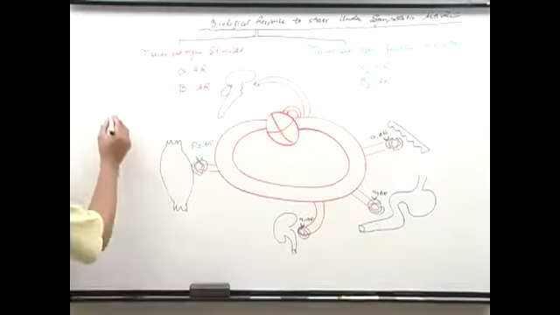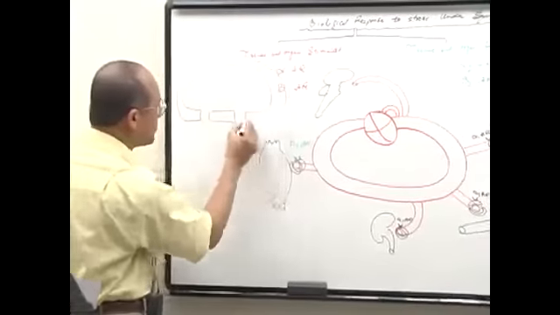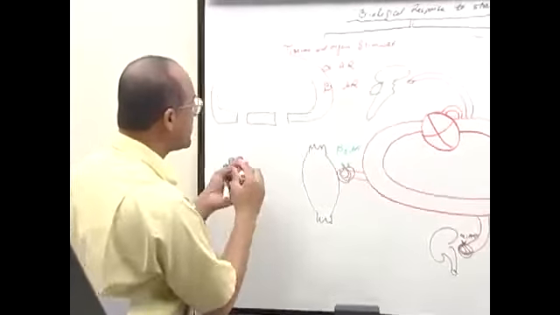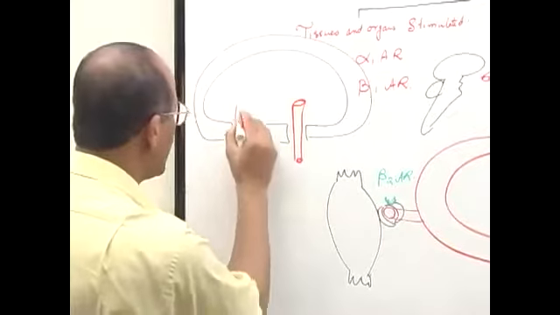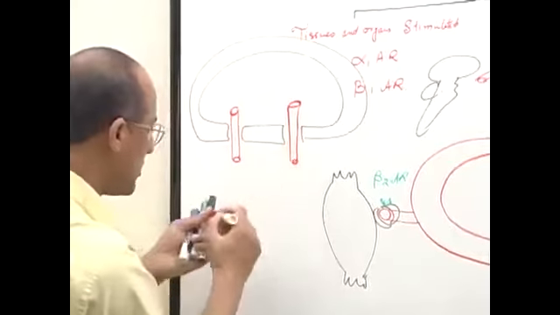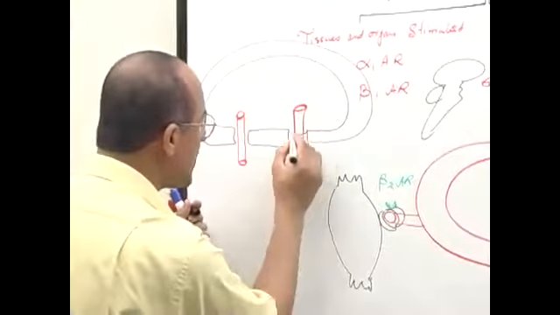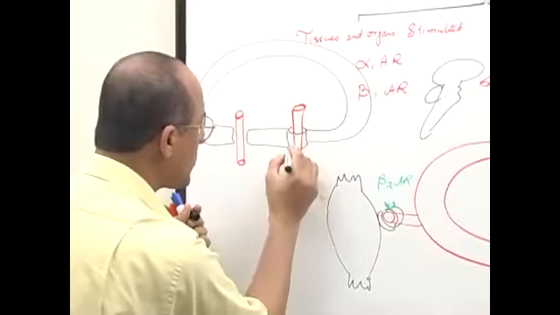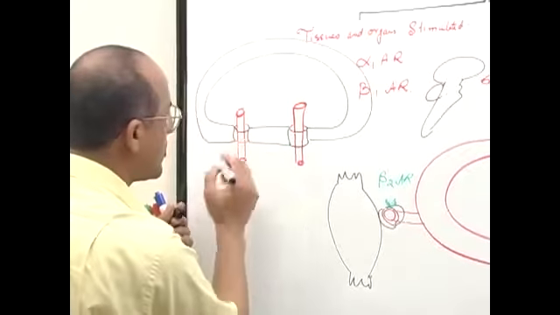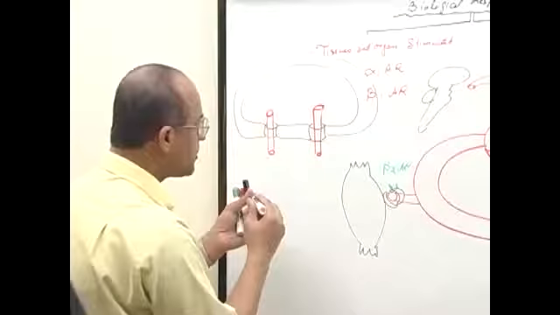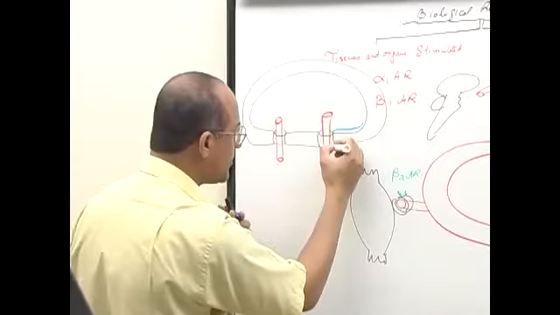Right? Why? Let me explain. Suppose this is your central nervous system here, and these are the blood vessels going to your central nervous system. Of course they are passing through these foramina. And in these foramina, you must be knowing that there is dura mater lining, a dural sleeve, that comes here.